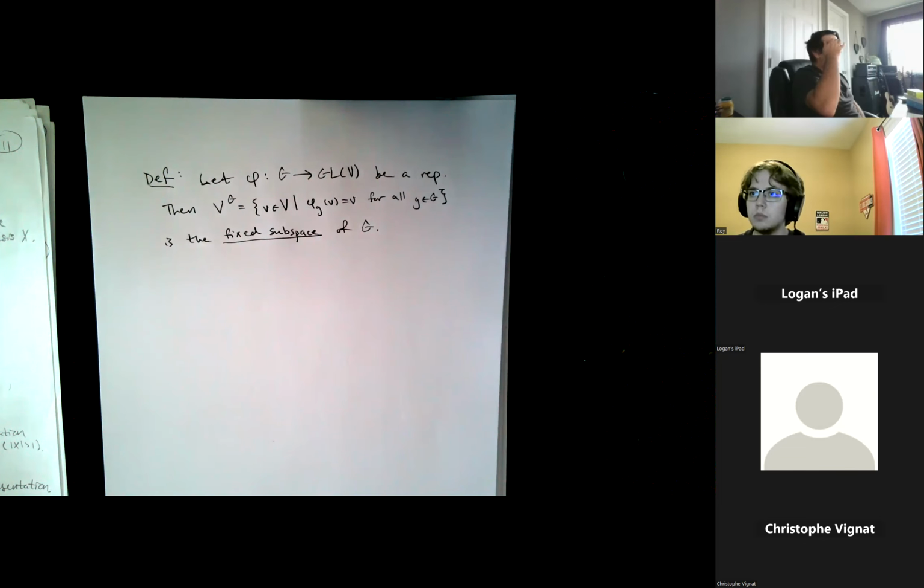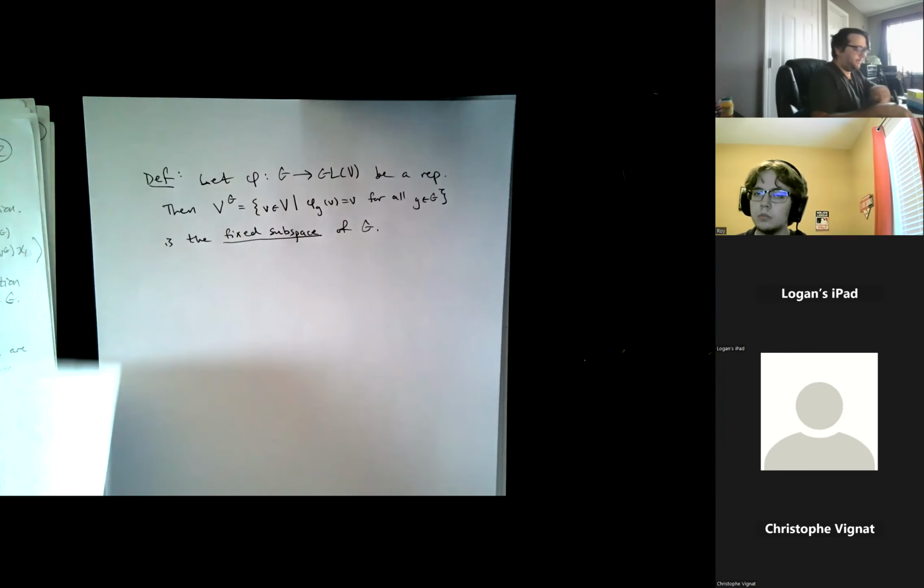I've had this space come up in some papers of mine. I've always called it the G-symmetric subspace, and you'll see it written that way, I think, in the quantum information literature. But Steinberg calls this the fixed subspace.